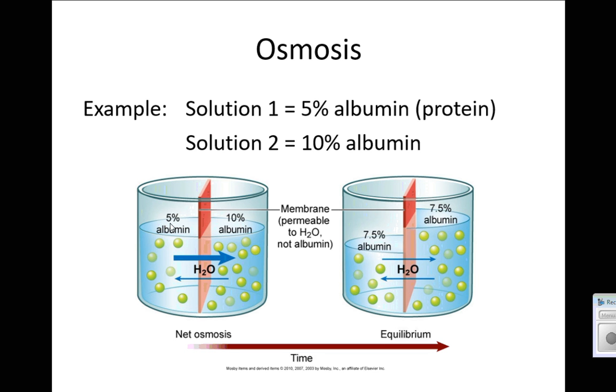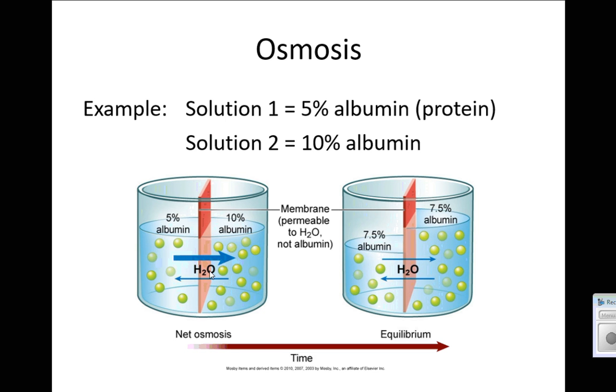Let's just pretend that instead of saying this is 5% albumin, we could say this is 95% water, and this is 90% water. So there's more other stuff over here, right? So this is high water concentration. This is low water concentration. Look at the direction that the arrow is pointing.